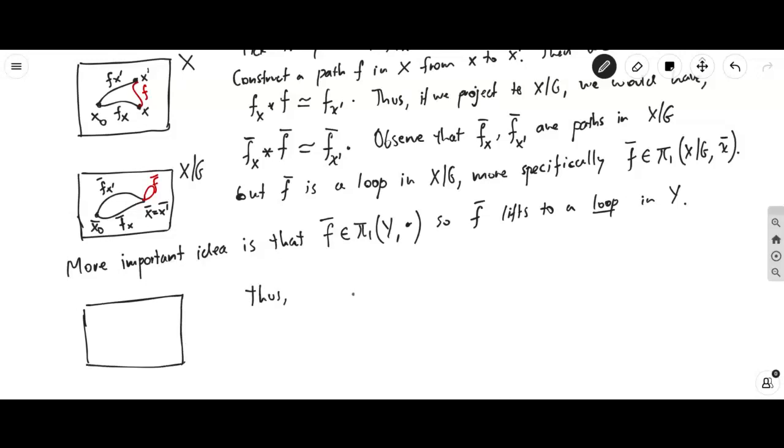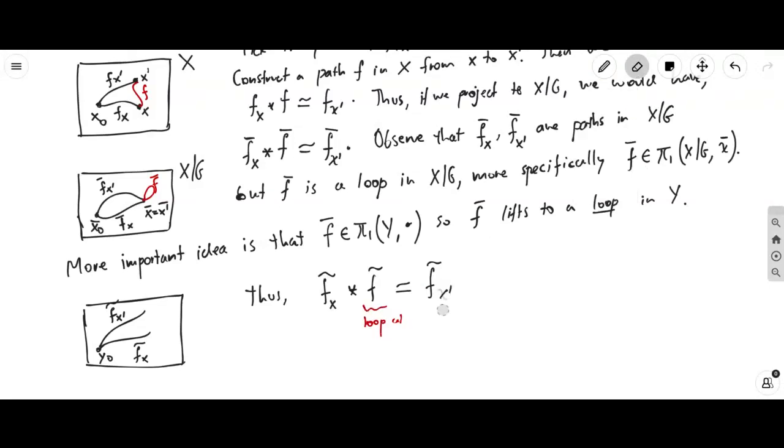Thus, if we lift, we have fx tilde. This is the lifting of this one, that's the lifting of the other one, and that's going to be homotopic to the lifting of this one. So now you just lift these. This one starts at y0. You're going to get a path, this is fx lifted. You're going to get another path, fx prime lifted. And now, this is the important idea, that this is a loop.